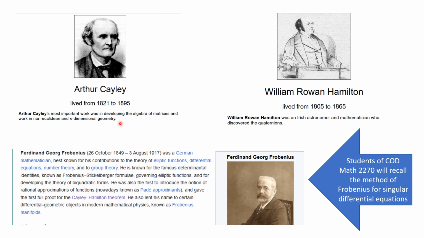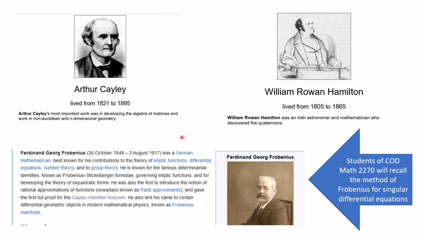Cayley lived from 1821 to 1895 and did a lot of important work in the algebra of matrices, invariants also, which we will talk about later, and also work in non-Euclidean and n-dimensional geometry. Sir William Rowan Hamilton was an Irish mathematician, the most prominent Irish mathematician of the day. He was an astronomer and mathematician, and he developed a technique called quaternions, which was a precursor to what we now call vectors.